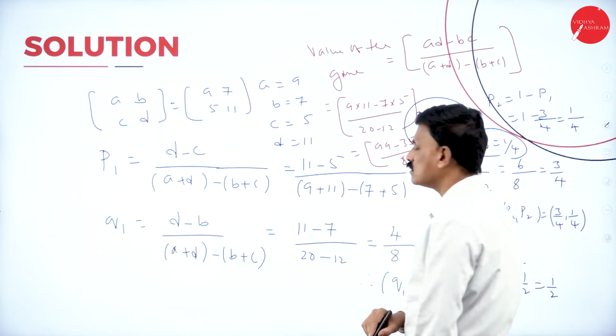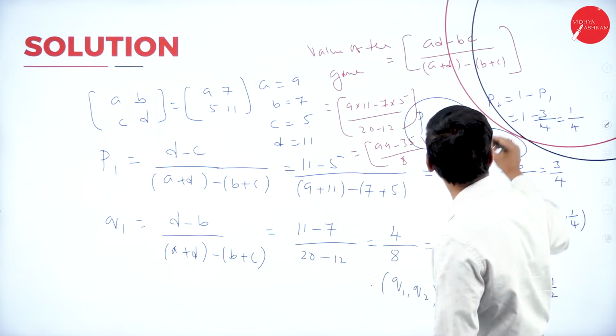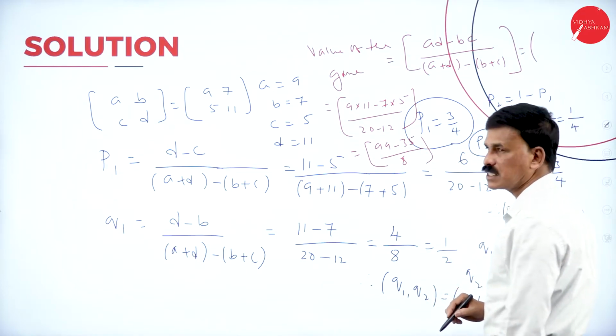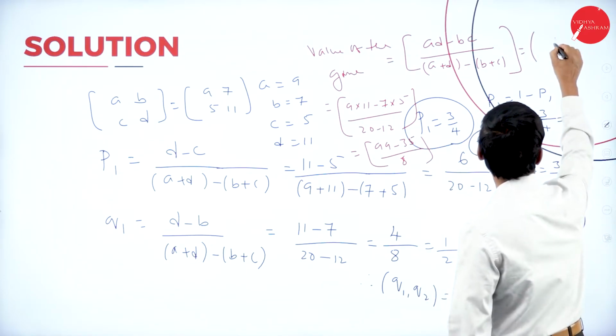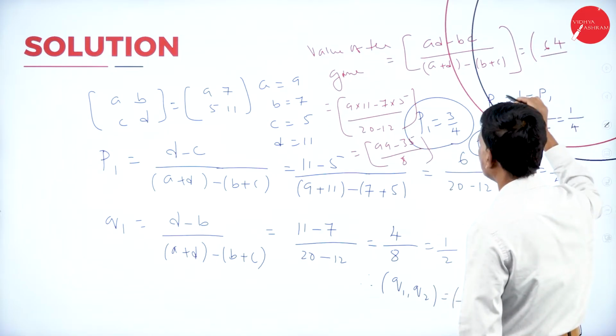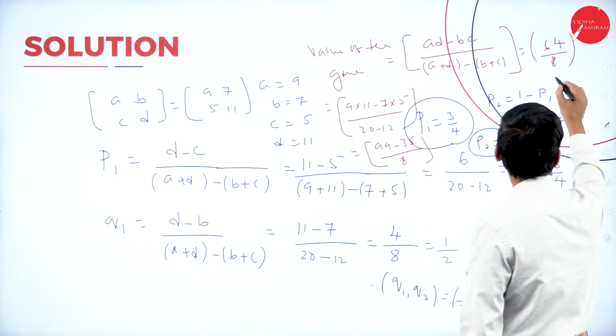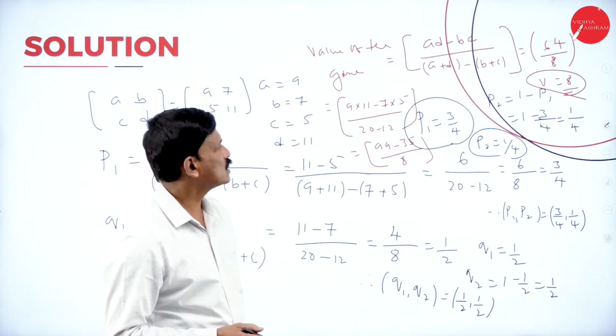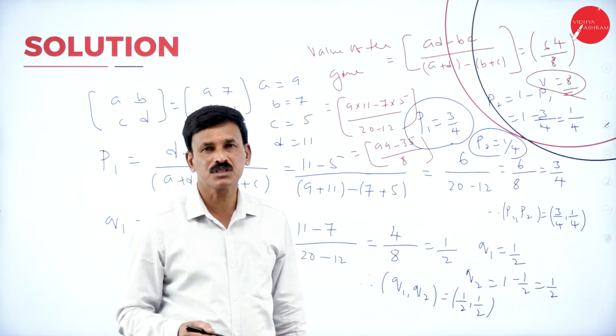So the value of the game is 99 minus 35, which is 64, divided by 8. 8 8s are 64. So therefore the value of the game is equal to 64 by 8, that's equal to 8. This is how we are going to solve this game.